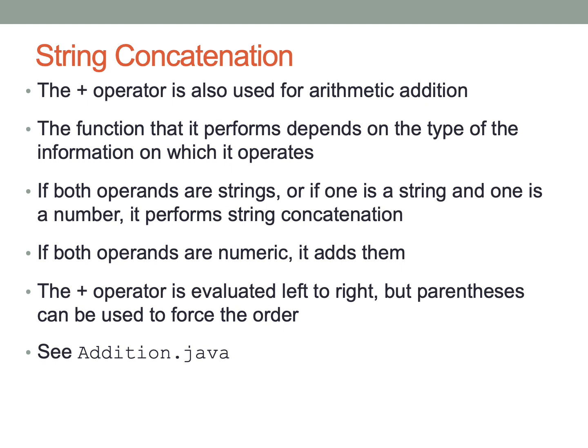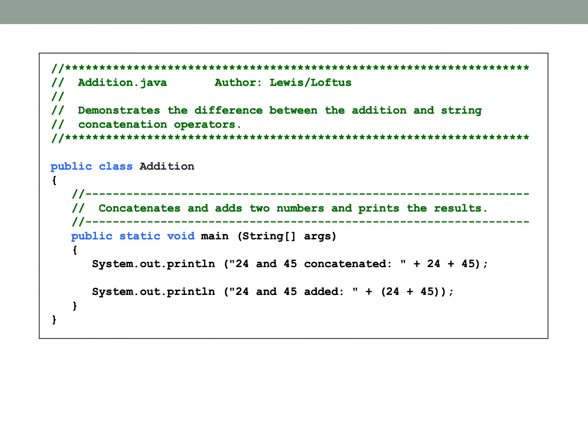The plus operator is evaluated left to right, but if we have parentheses, we can force the order. Let's look at this code. What do you think the output of this is? The first one is "24 and 45 concatenated" plus 24 plus 45. In this line, it will display 24 and 45 being concatenated, so the output for the first line is 24 and 45 concatenated 2445.